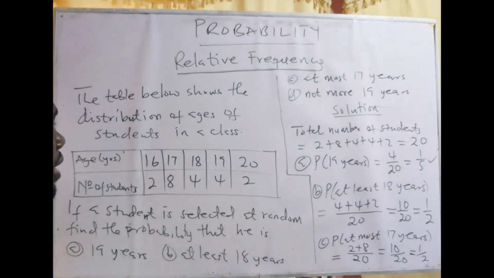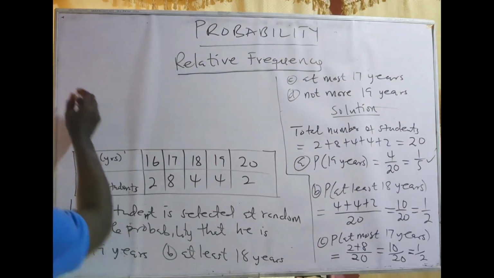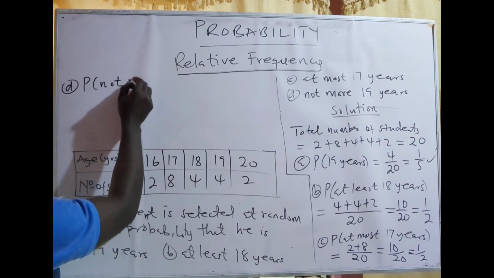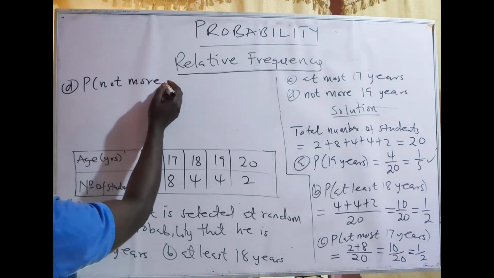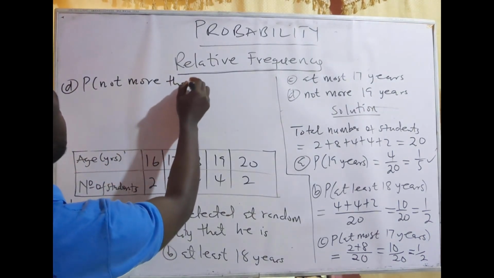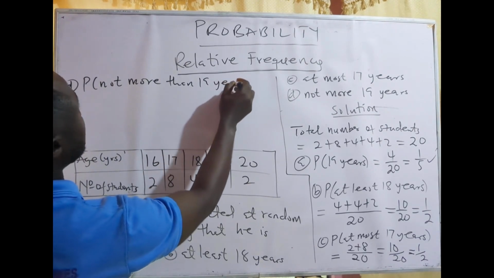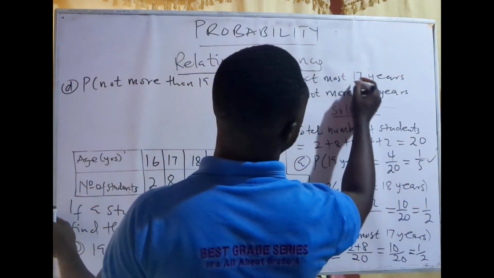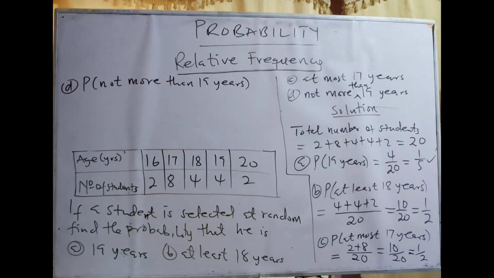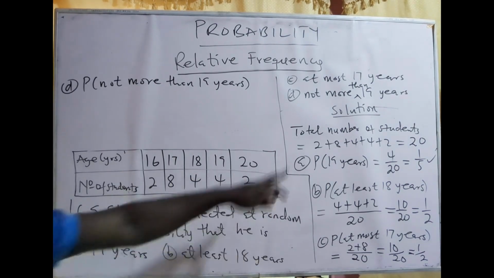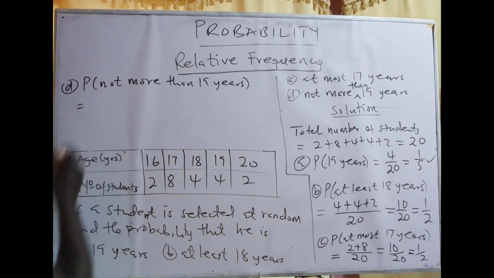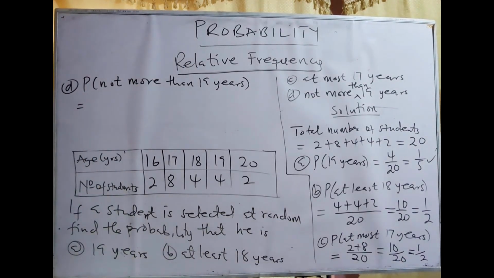Alright, so let's look at the last one. Find the probability that he is not more than 19 years. So we are going to look at students that are not more than 19 years.